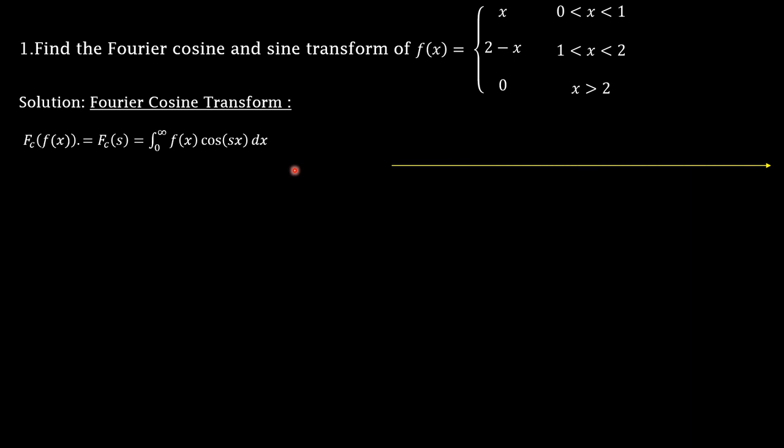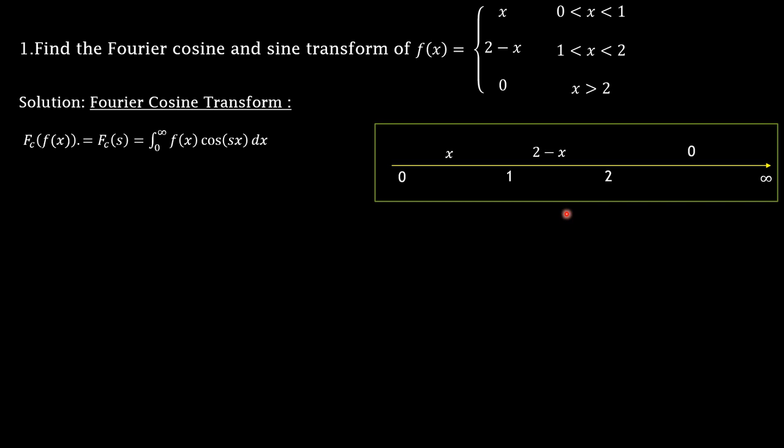The function f of x is defined on the positive real line, but in the interval 0 to 1, the function takes the value x, and in the interval 1 to 2, the function takes the value 2 minus x, and for all those x greater than 2, the function value is 0. So, evaluating the Fourier cosine transform in the interval 0 to infinity is same as evaluating it in the interval 0 to 2, because outside this interval the function value is 0.